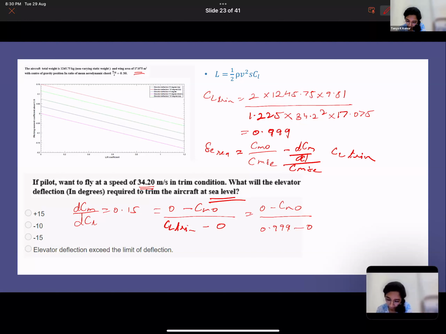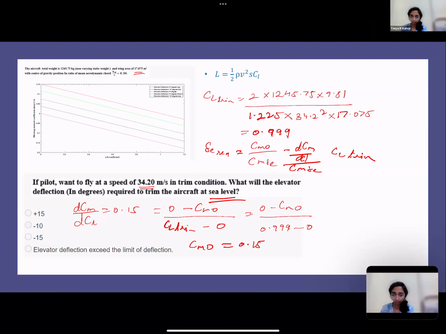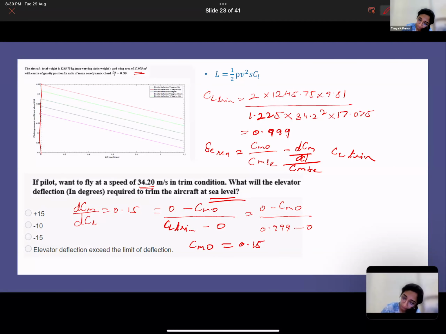What you get here is that CM naught is 0.15. Now look at these lines and see where CM naught is 0.15. You have 5 lines over there. So for which of these lines is CM naught 0.15? Right, the first one. The first one has CM naught as the intercept here.